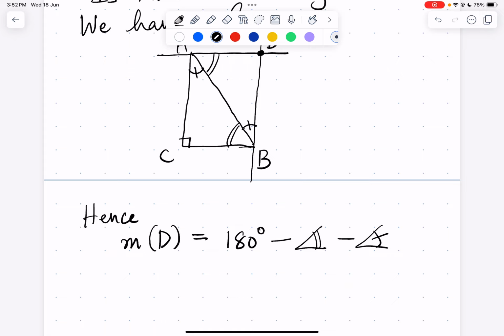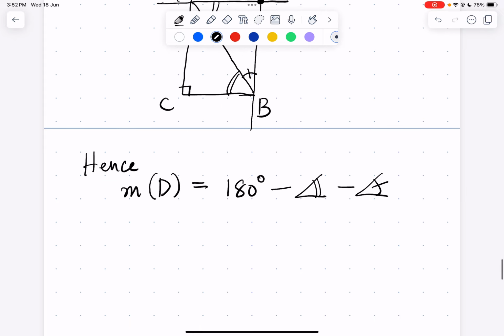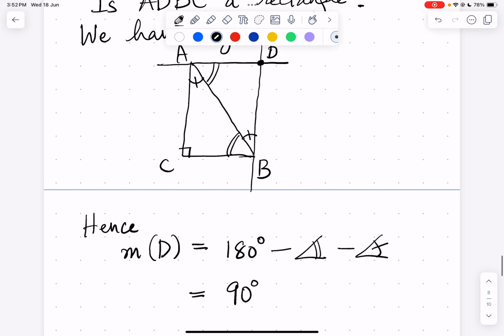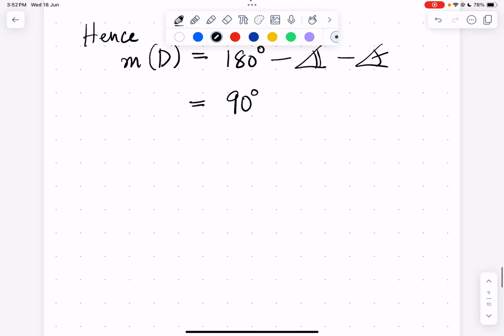That will give you the measure of the angle at D. But this is further equal to 90 degrees, right? Because in the original right angle triangle, these two angles sum up to this dashed angle and this double arc angle. Both of these sum up to 90 degrees. So hence the measure of the angle at D is equal to 90 degrees.